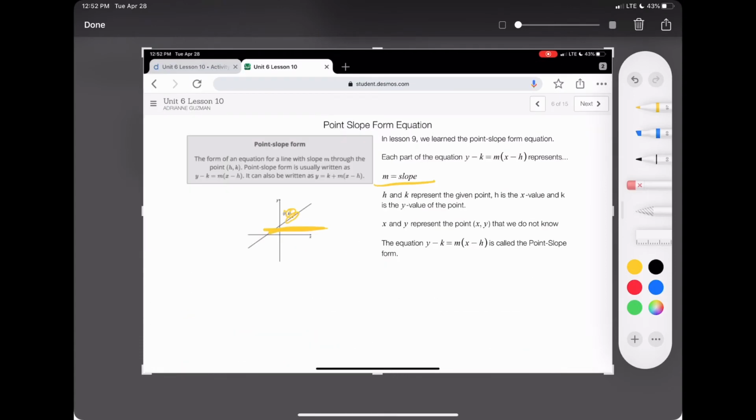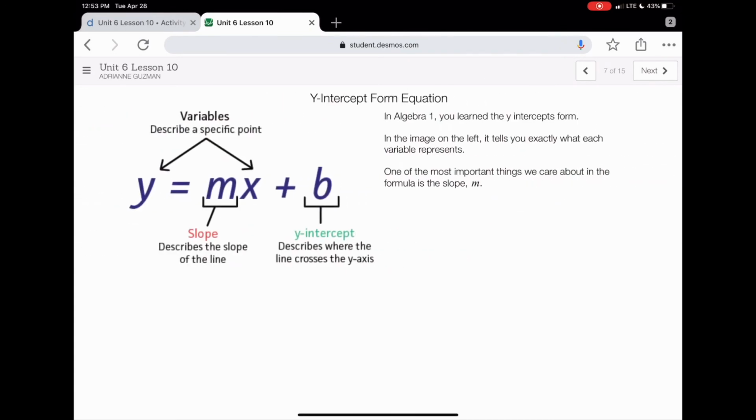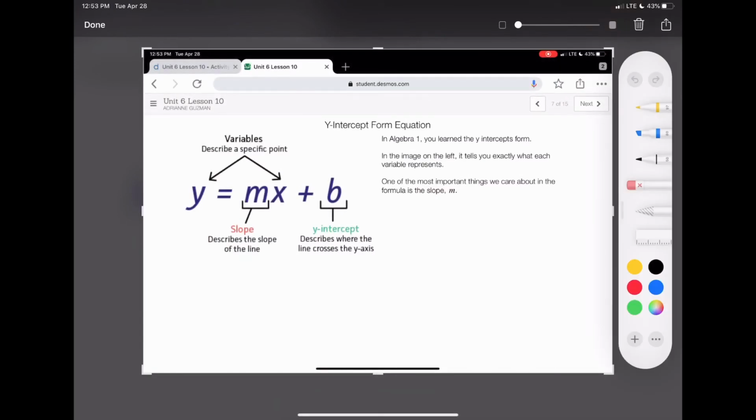So now today we're going to talk about another form, and this form here is actually a form that is most common in Algebra 1, y-intercept form. The y-intercept form almost looks like the point slope form, and you can actually go from point slope form to y-intercept form if you moved some pieces around, and that's why they look super similar to one another.